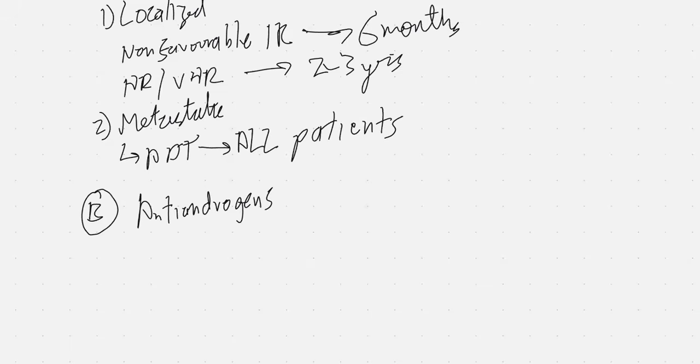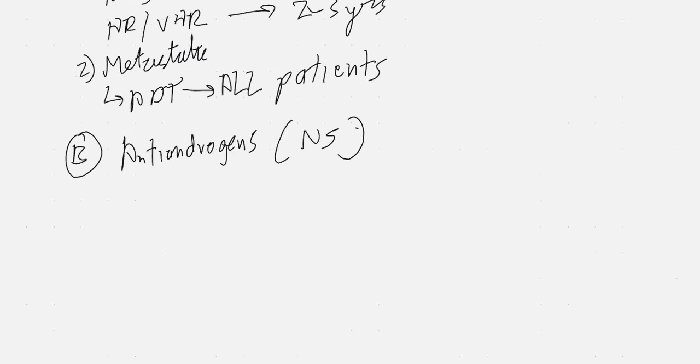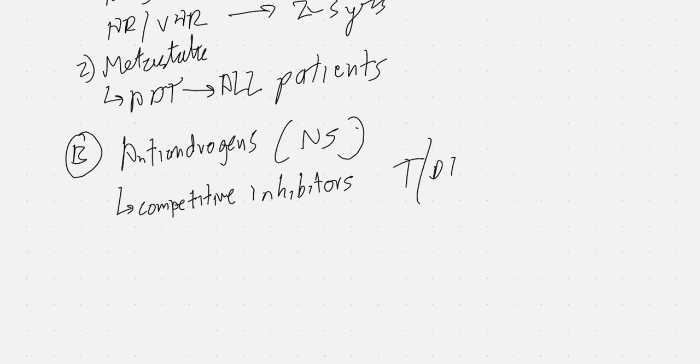And these are basically competitive inhibitors for testosterone and dihydrotestosterone for the androgen receptor. Okay. So they inhibit the androgen receptor, they compete with testosterone and dihydrotestosterone for binding to the androgen receptor.